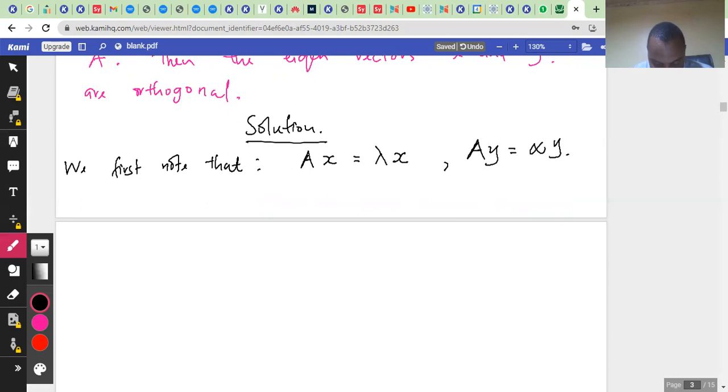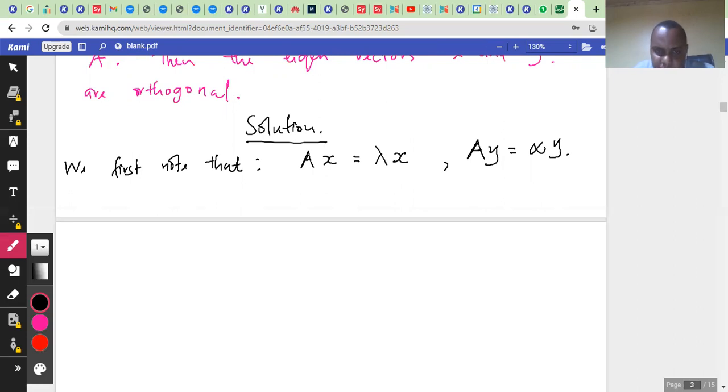So we could multiply both sides by the Hermitian vector y.